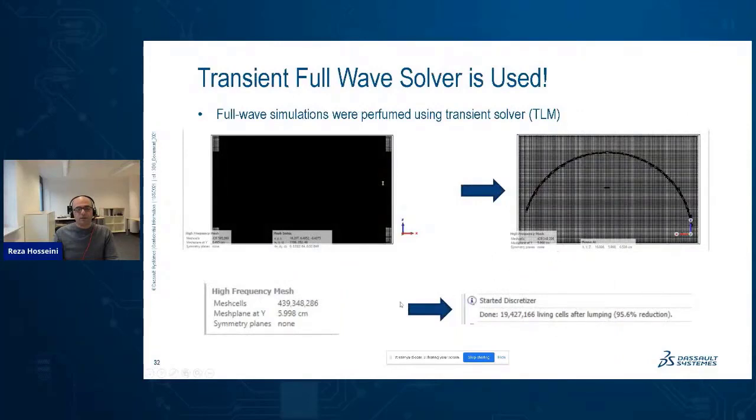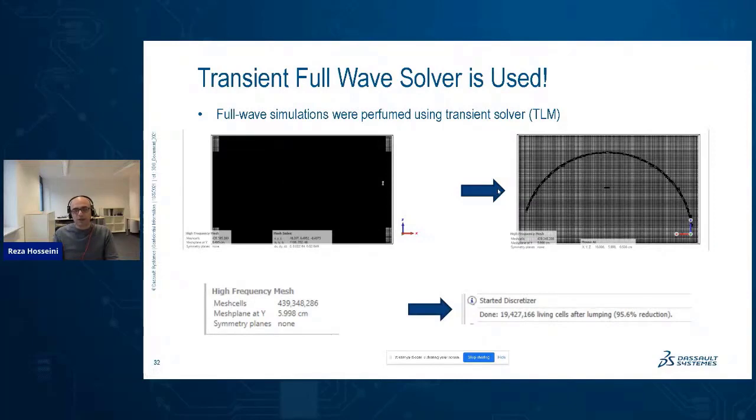So here is the point that I wanted to show you, what solver I'm using. It's a transient full wave solver. But inside the transient solver, we basically have two solvers. One is the standard transient solver, or FIT, finite integration technique, and the second one is a TLM solver. The reason I'm using the TLM solver is that with the help of lumping the mesh, as you can see here in the structure, we can reduce the number of mesh cells quite a lot.